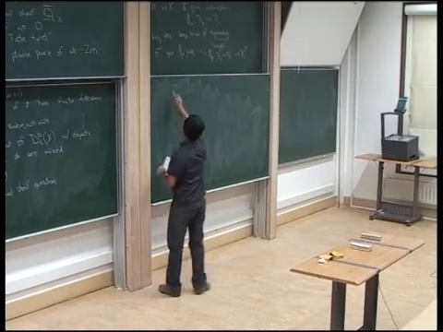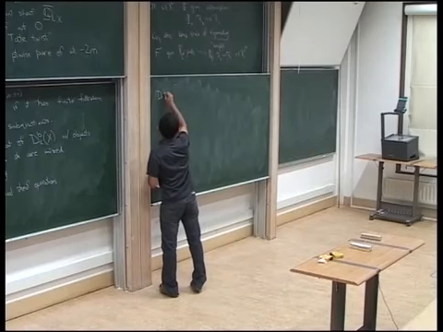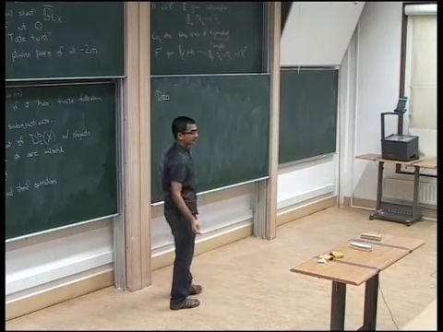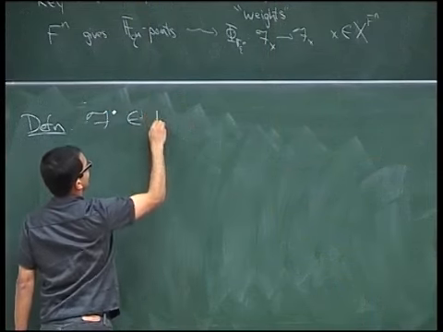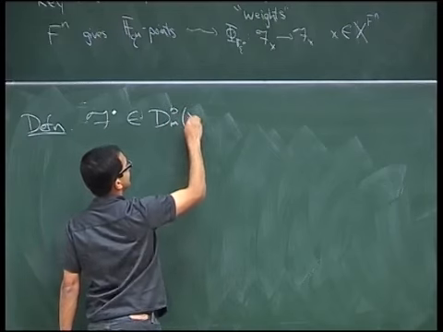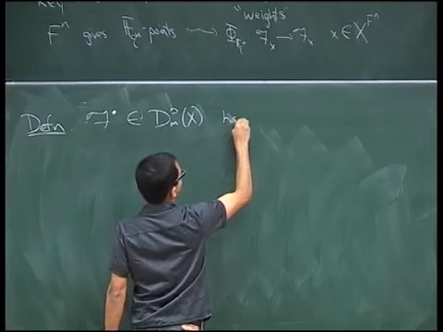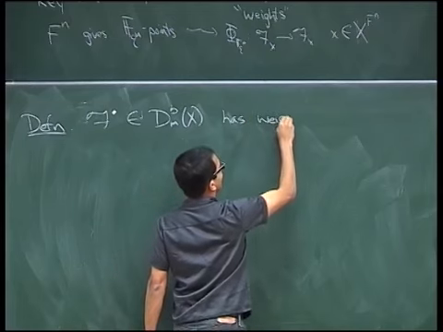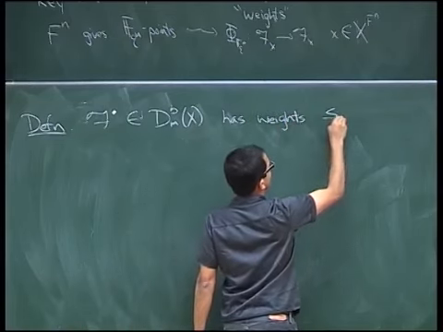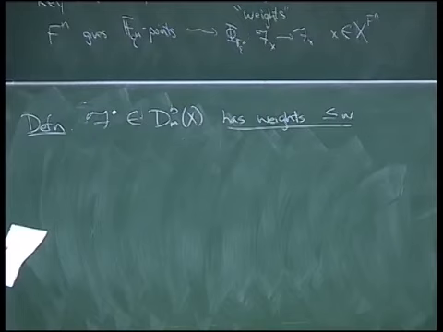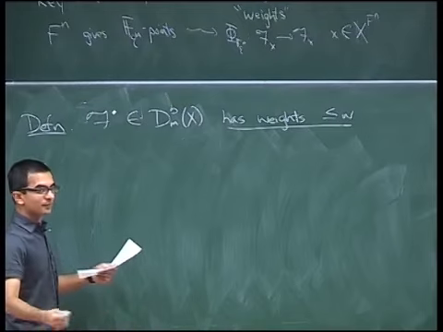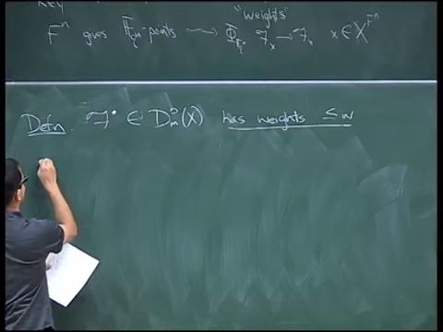Okay, so now here are some definitions for complexes in the derived category. A complex in D^b_m(X) is said to have weights less than or equal to W, and this definition is not what you might guess at first.